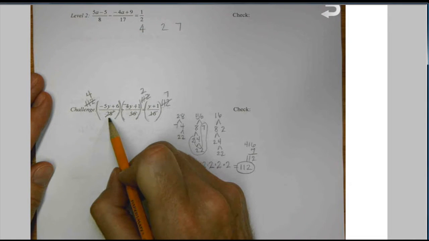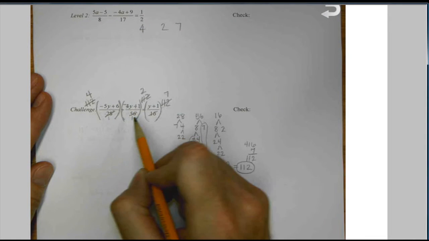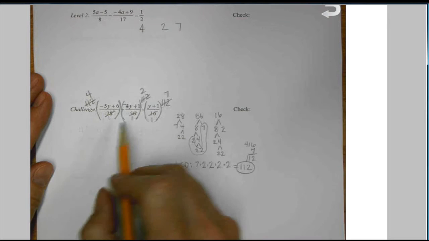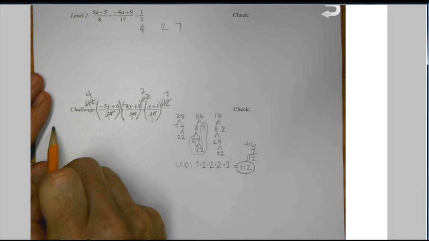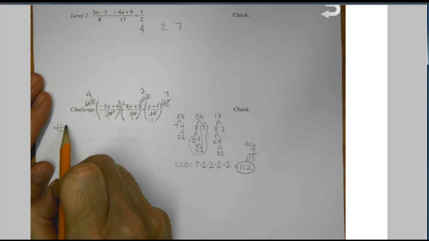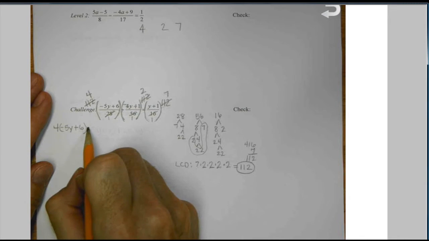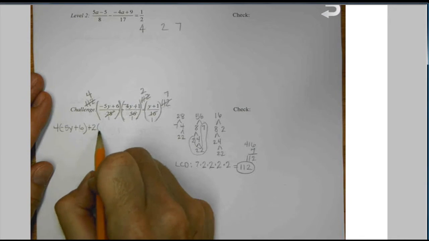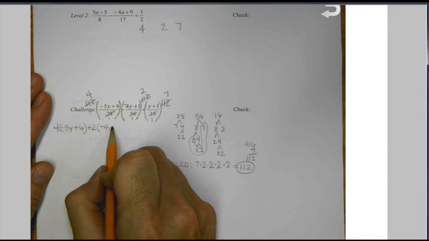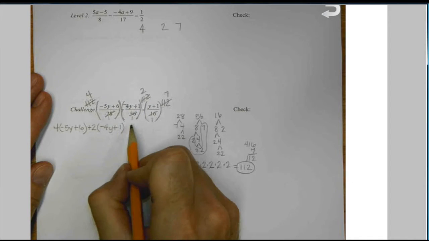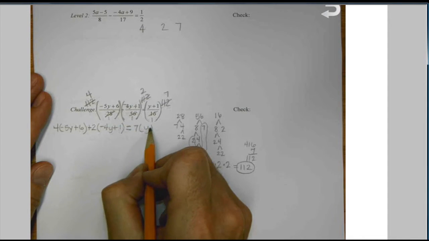Each of the denominators, of course, turned into a 1 when I did the reducing, and I'm left with 4 times the quantity negative 5y plus 6. And then I have a positive 2 being multiplied by that quantity negative 4y plus 1, and an equals 7 times the quantity y plus 1.